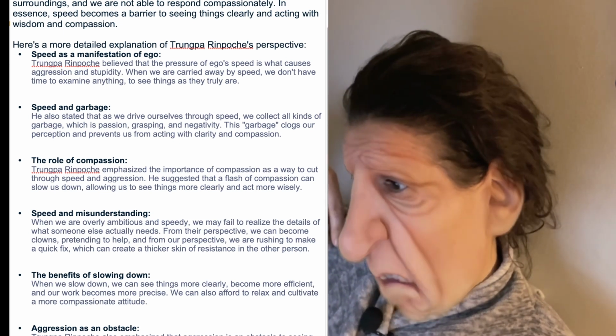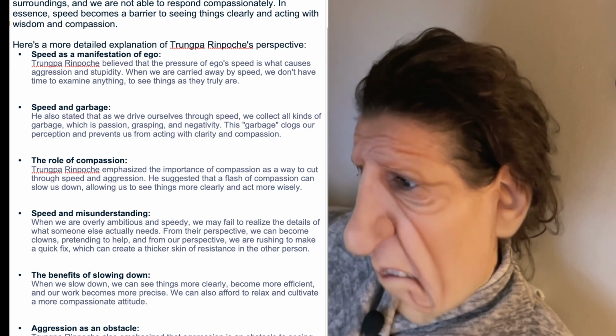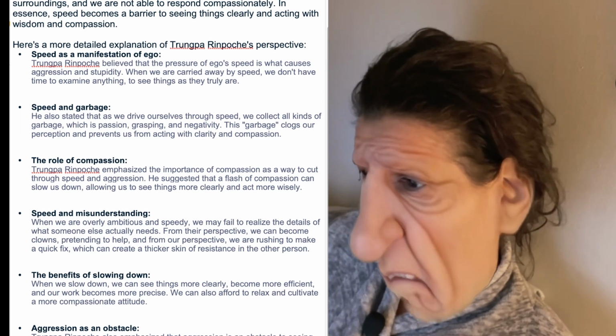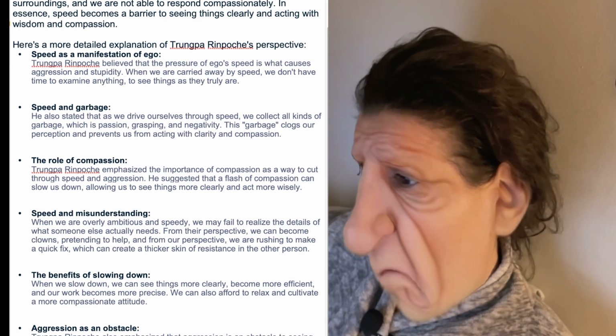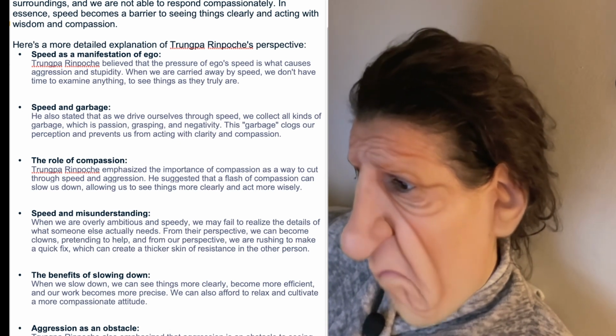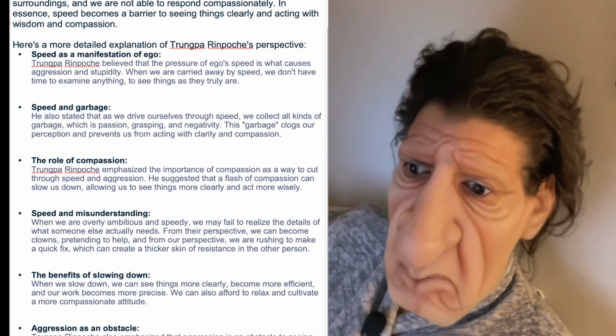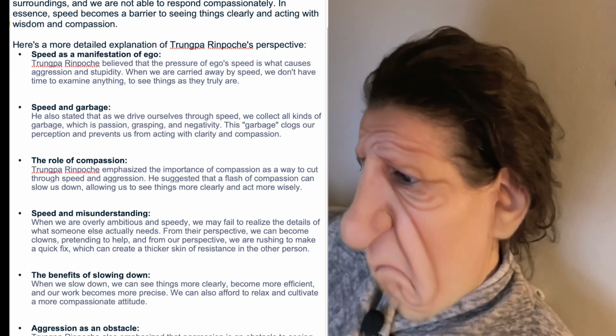Speed and misunderstanding. When we are overly ambitious and speedy, we may fail to realize the details of what someone else actually needs. From their perspective, we can become clowns pretending to help, and from our perspective, we are rushing to make a quick fix, which can create a thicker skin of resistance in the other person. The benefits of slowing down.